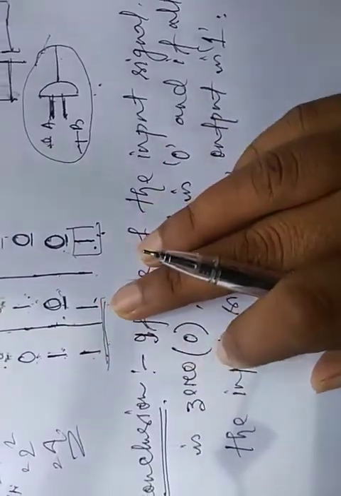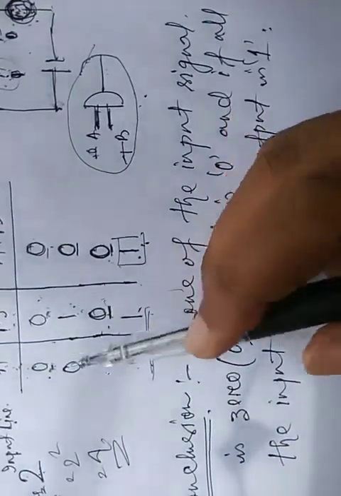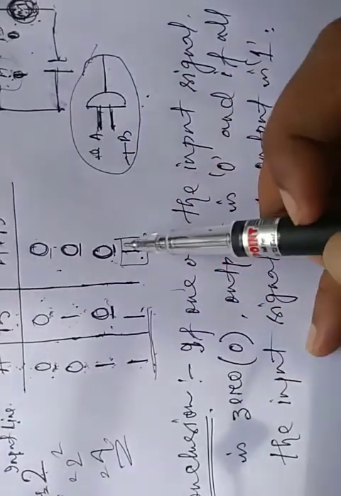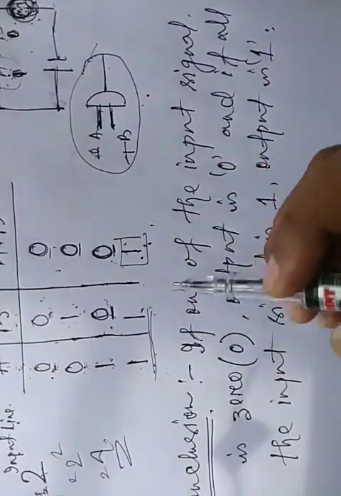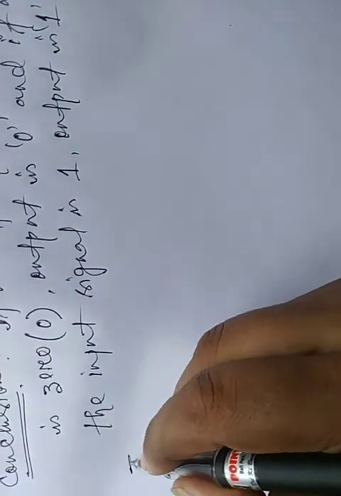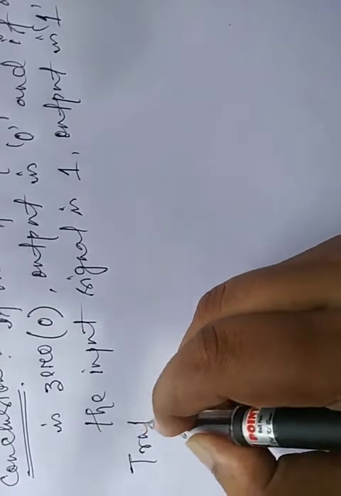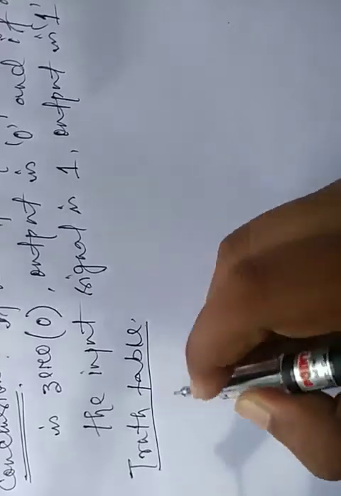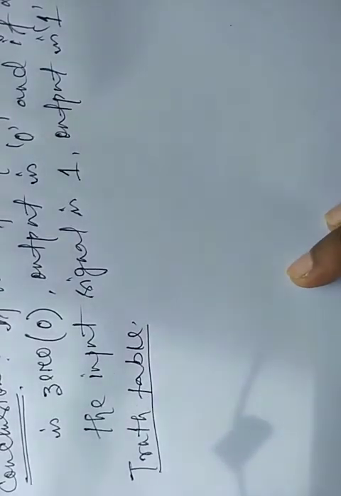That means in AND operation, if any one input signal line is 0, then output is 0, and if all input lines are 1, output is 1. Here I am drawing the truth table of 3 input signals. I am just drawing the combinations of 3 input signals.